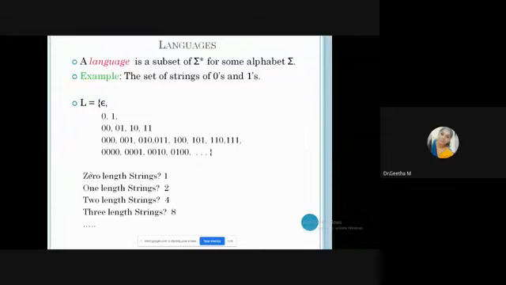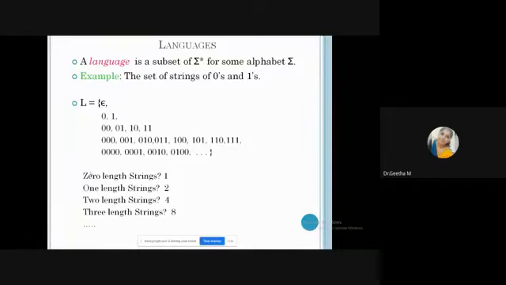So the language consists of zeros or ones in any form. Any number of zeros and ones can be represented by L closure or sigma closure. This sigma closure consists of epsilon, 0, 1, 00, 01, 10, 11 and so on, and likewise it keeps moving.